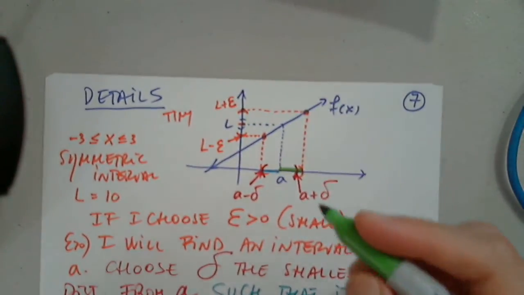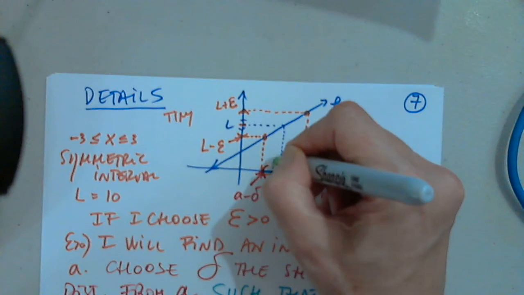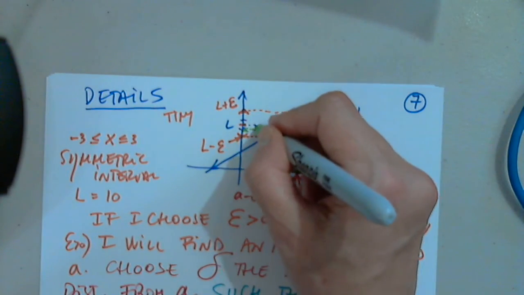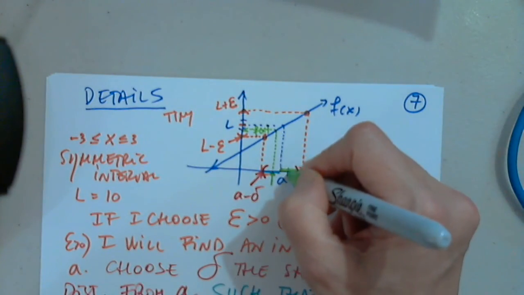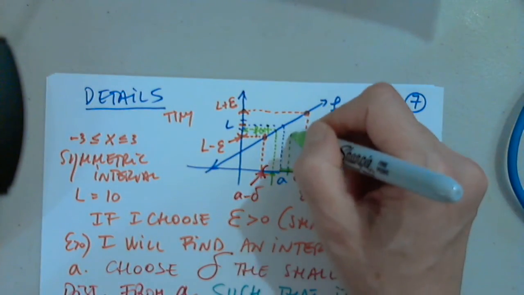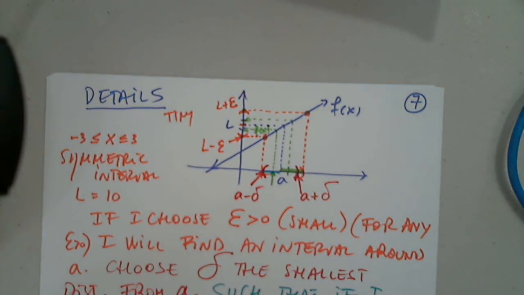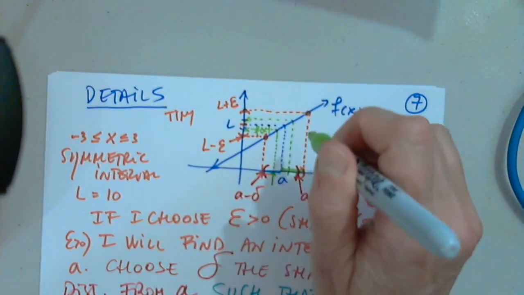Here it is. If I choose X here, look what happens. This is f of X. If I choose X here, I will get close to L, not outside of epsilon. That's the trick.